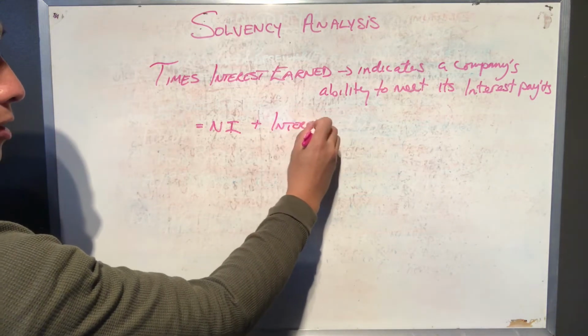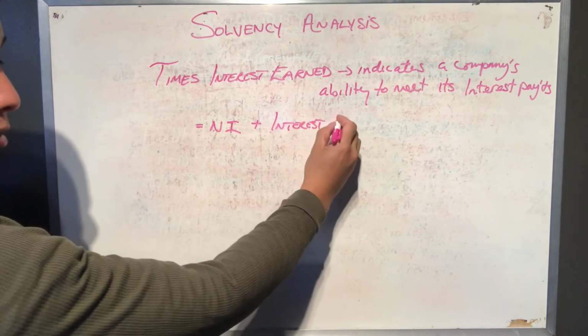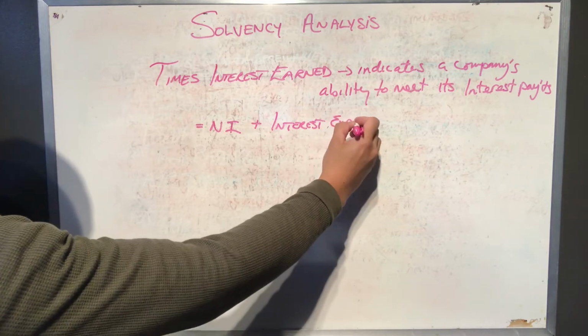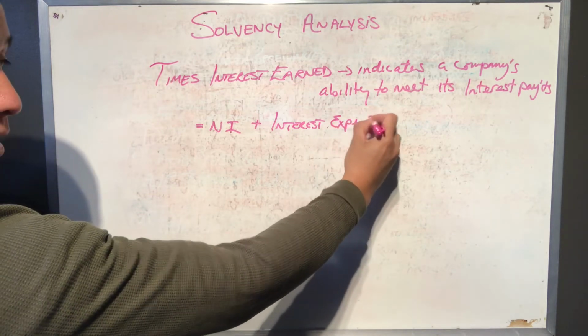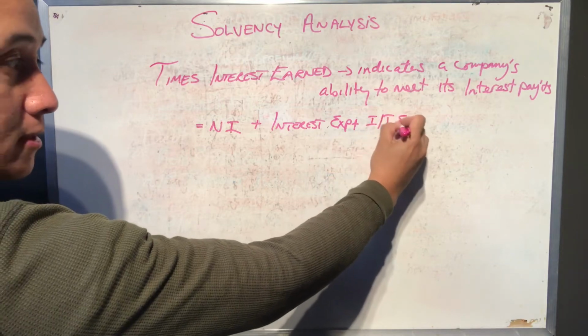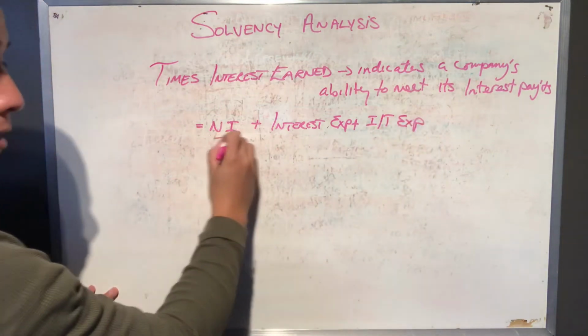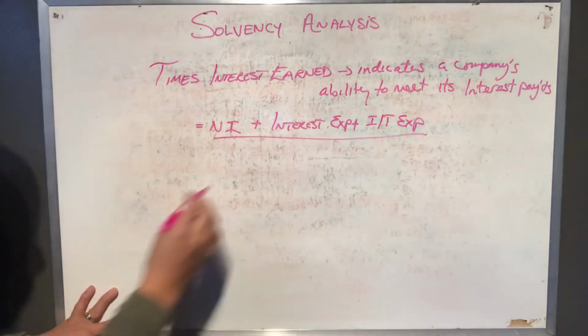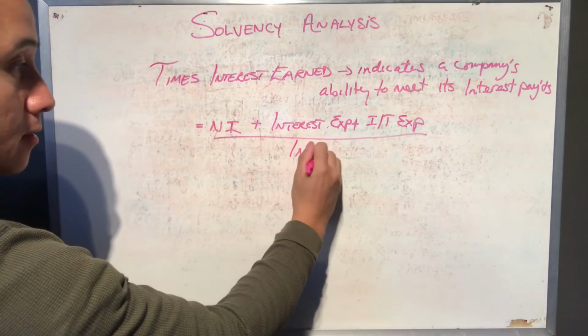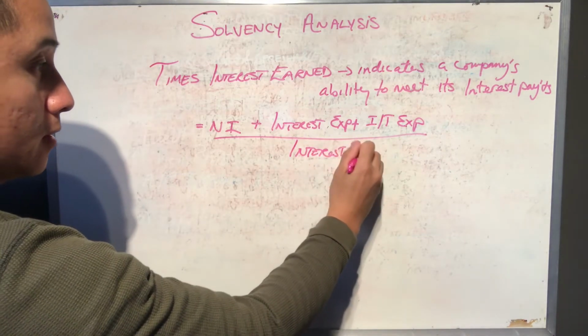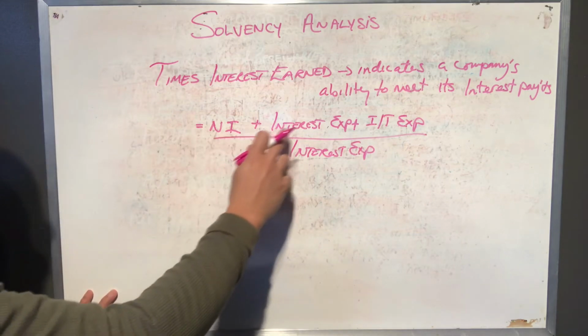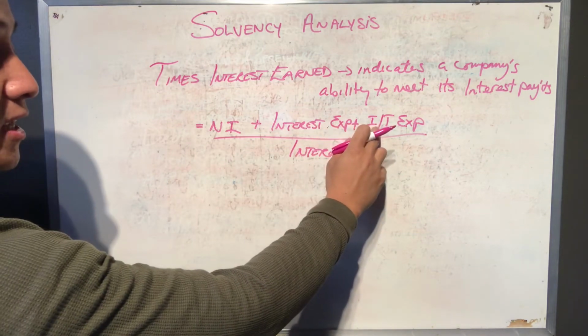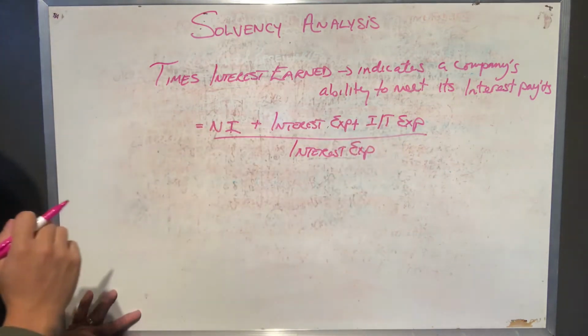So net income plus interest expense plus income tax expense.